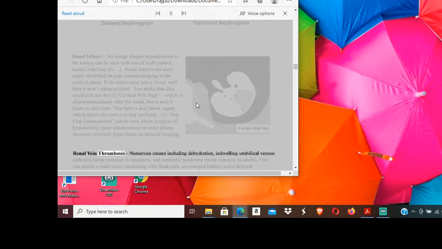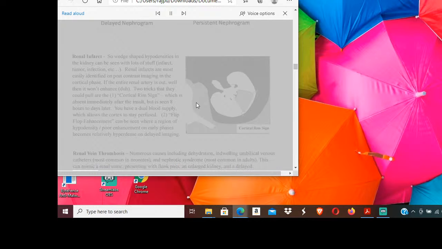Renal vein thrombosis. Numerous causes including dehydration, indwelling umbilical venous catheters, most common in neonates, and nephrotic syndrome, most common in adults. This can mimic a renal stone, presenting with flank pain, an enlarged kidney, and a delayed nephrogram.